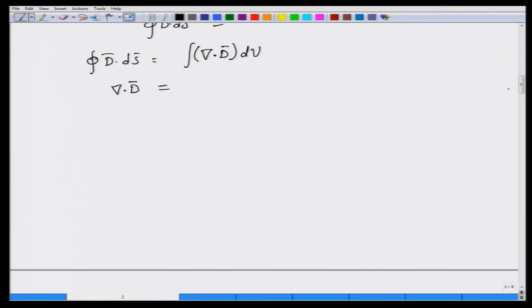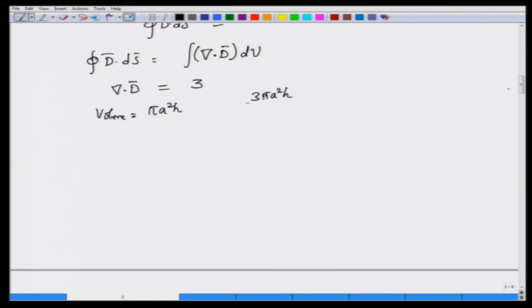You are going to get a constant value of 3. Now, if you multiply this by the volume of the cylindrical element that we have considered, the volume will be pi a square h. Therefore, the right hand side of this quantity is actually given by 3 pi a square h.